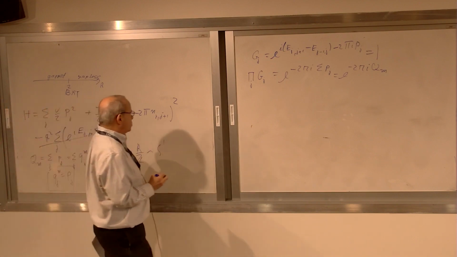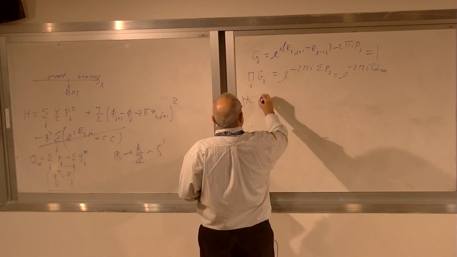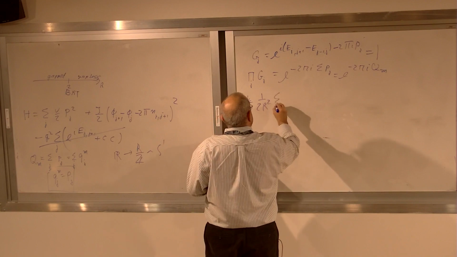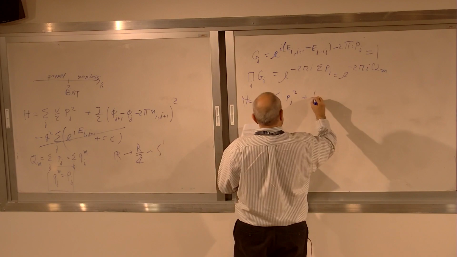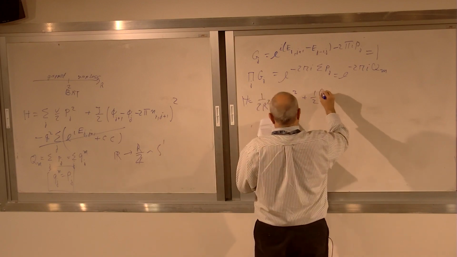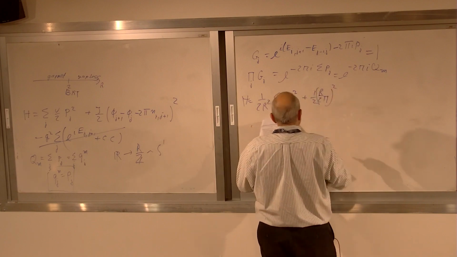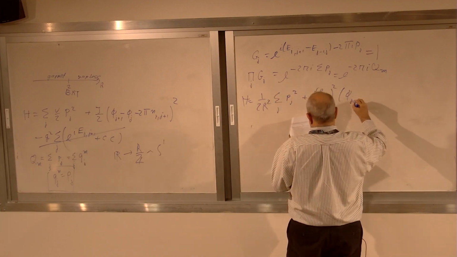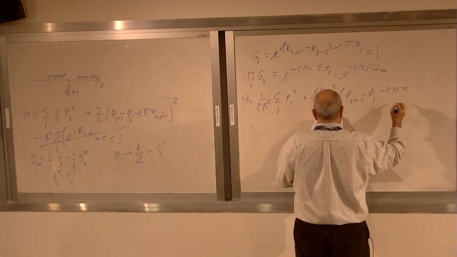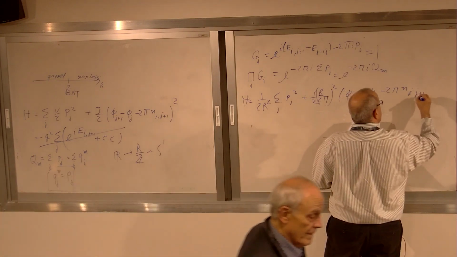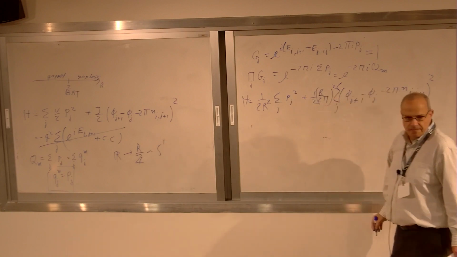So I'm going to write the Hamiltonian: 1 over 2 R squared, sum over j, p_j squared, plus R squared over 2 pi squared, phi_{j+1} minus phi_j minus 2 pi n_{j+1}, quantity squared, and I can put here the sum over j.